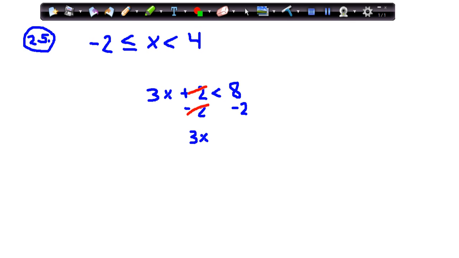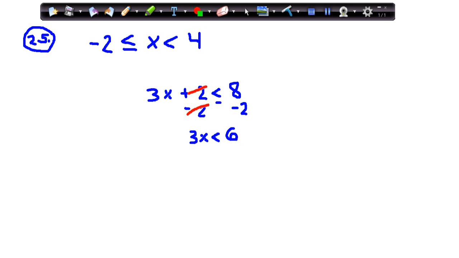Bring this down, bring the less than symbol down. And of course, 8 minus 2 leaves 3x is less than 6. So what's the next step they give in your book?